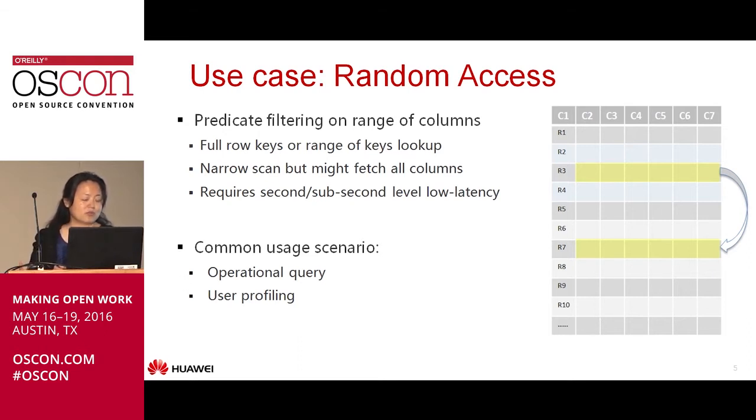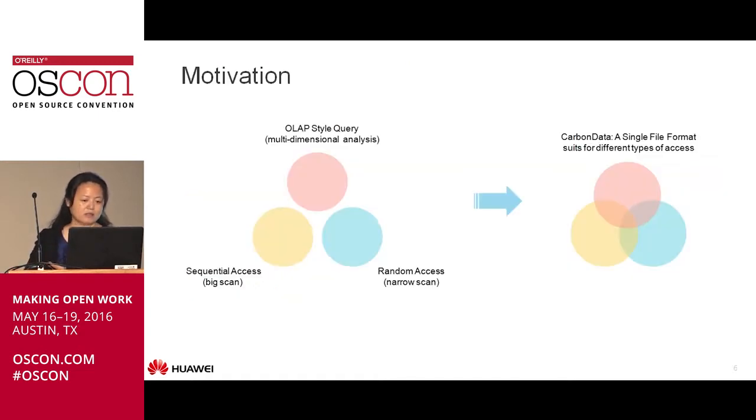As the result set is so small, you're generally expecting very low latency, second or sub-second level. It is very common for operational queries, like answering customer complaint calls where you need to act quickly, or user profiling to understand the user's interests, things like that.